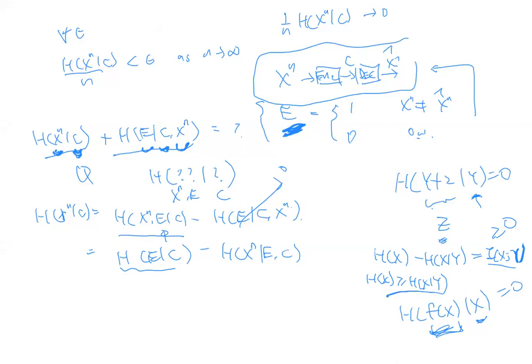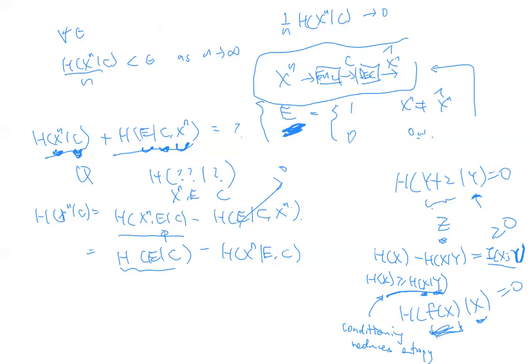Knowing some additional information, the amount of storage needed to store X should reduce. We always need fewer bits to store X now, knowing some additional variables. Sometimes people call this conditioning reduces entropy.